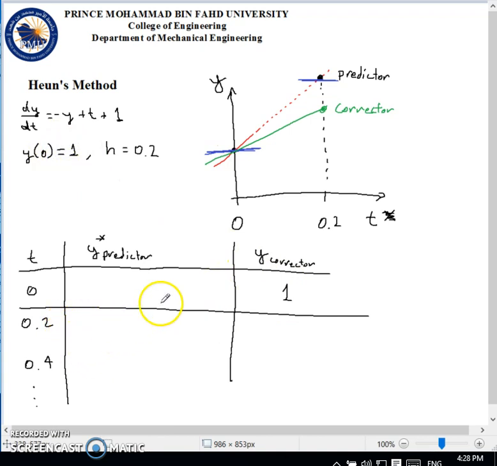Now, finding the next predictor, it's pretty much like the Euler method. We come to this point, take the slope, and move to the next step. So this will be the previous point, which is 1, plus the slope at the previous point. So in this case, it's minus y plus t plus 1, multiplied by the step.